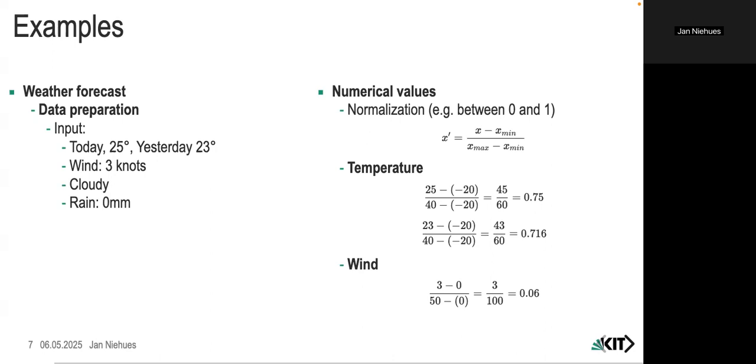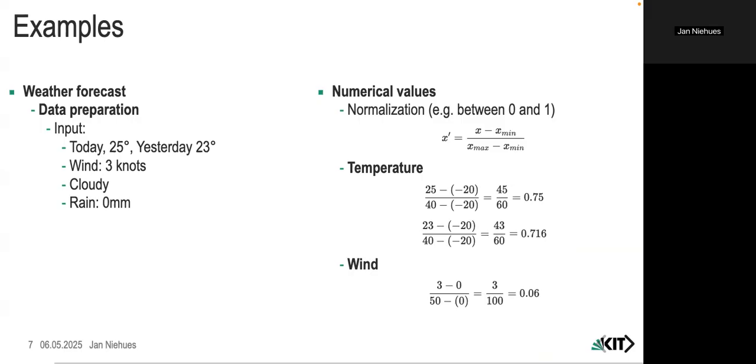So in the end, your results will all be between 0 and 1, and so you have hopefully a better type of input. In this case, the temperature from yesterday will be 0.75, the temperature from today will be 0.16, and the wind will be 0.06. So that is quite straightforward.